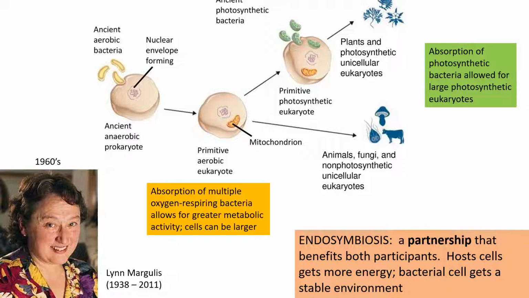And she suggested that these little organelles had been free-living bacteria at one time, and that the evolution of eukaryotic cells came about by some bacteria engulfing these other bacteria, but instead of eating them, instead of digesting them, partnering with them.